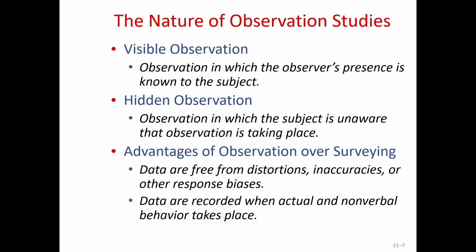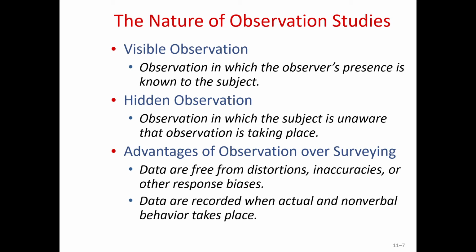So, the nature of observation studies. Business researchers can observe people, objects, events, or other phenomena using either human observers or machines designed for this specific task. Human observation best suits a situation or behavior that is not easily predictable in advance.